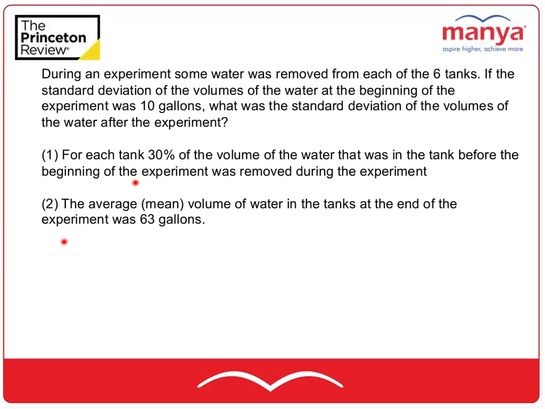And the second statement says the average volume of water in the tank at the end of the experiment was 63 gallons. So across all 6 tanks, we know the average was 63 after the experiment, but we do not know what it was before. So how can we proceed with this question? Are you all having any idea how to start?